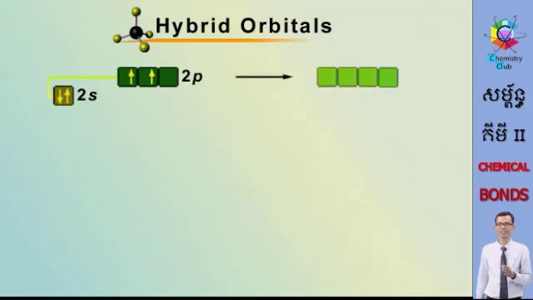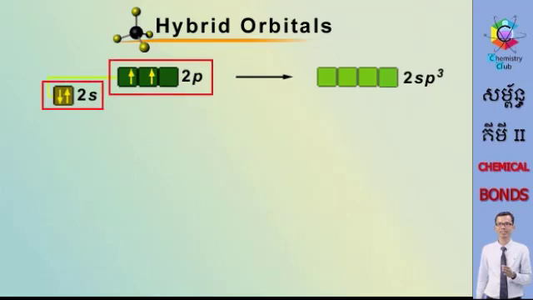Now look at how the new valence shell diagram is created for a carbon atom in which an s orbital hybridizes with 3 p orbitals. Instead of having 2 types of orbitals, s and p, there is 1 type of orbital, the sp3 hybridized orbital. Observe the distribution of the electrons.